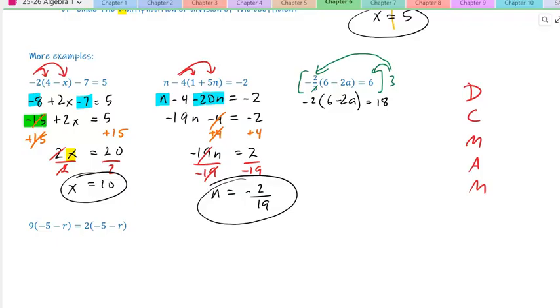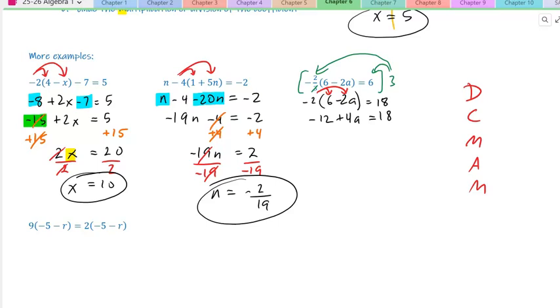Now that was a kind of a new step that we add in at the beginning. Now I can distribute -2 times 6, which is -12, and then -2 times -2a, negative times negative is positive, 4a equals 18.